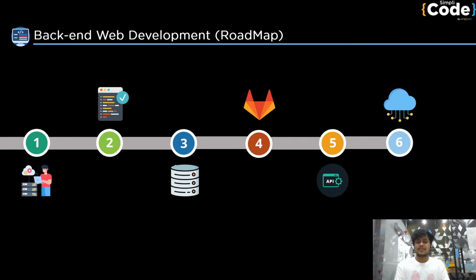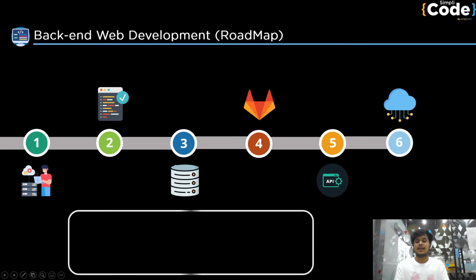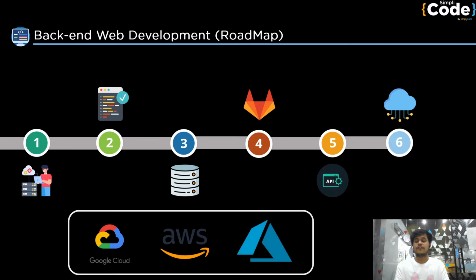Software as a service, platform as a service, and infrastructure as a service are the three main divisions of cloud computing. A backend developer should know what clouds are and how to use them. Most used cloud services are Google Cloud, Amazon Web Services, and Microsoft Azure. You can pick any one of these cloud services and then you'll be ready to become a backend developer.